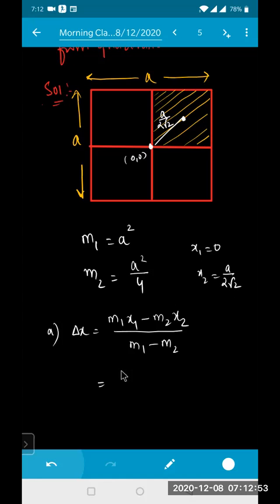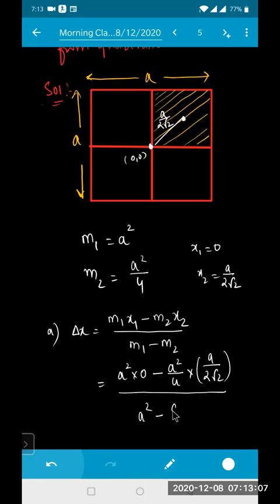So m1 is a square into x1, which is 0, minus m2, which is a square divided by 4, into x2, which is a by 2 root 2, divided by m1 minus m2, that is a square minus a square by 4.